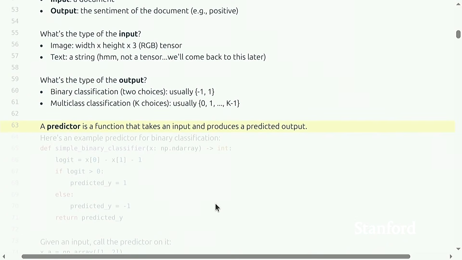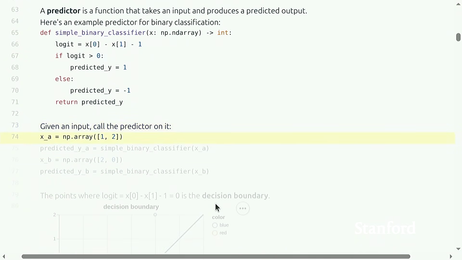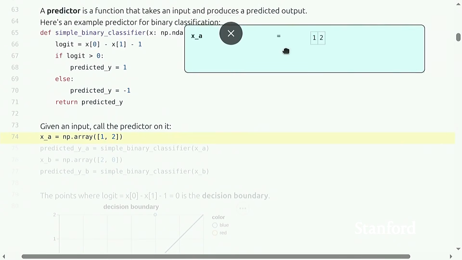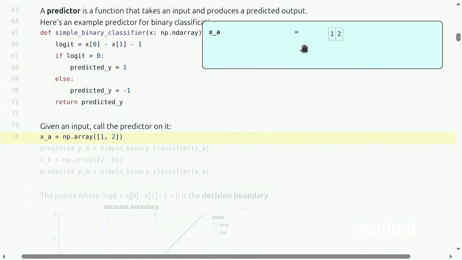A predictor is a function that takes an input and produces a predicted output. For binary classification, it might look like this. You have an input, let's say xa, which is the vector 1, 2, and I'm going to send it through a simple binary classifier.